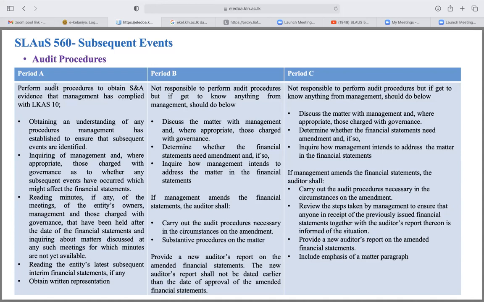That means we can still do audit procedures to gather evidence. In this period, we need to do audit procedures to gather audit evidence about the subsequent event, because we still have not issued the auditor's report, right?